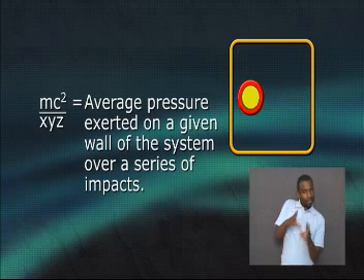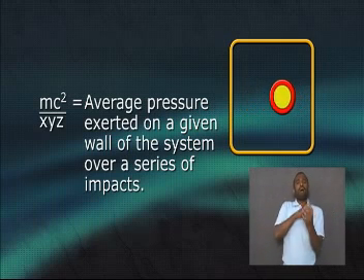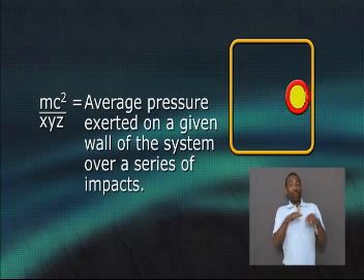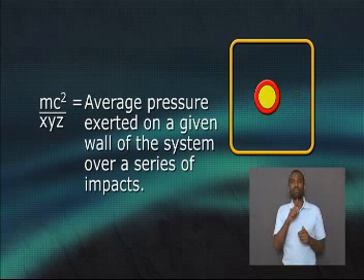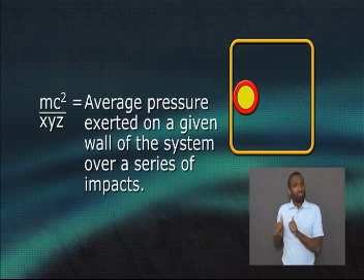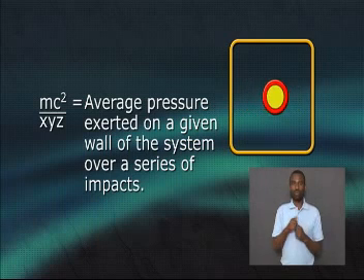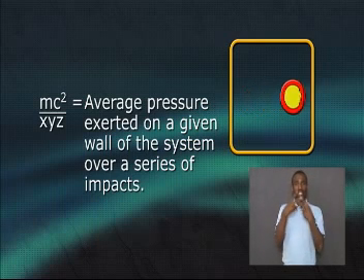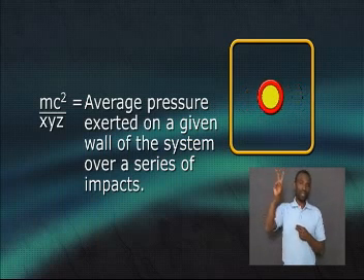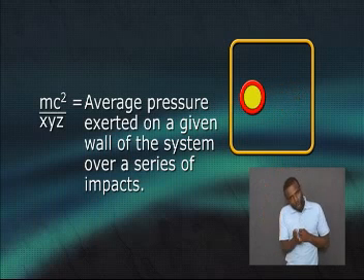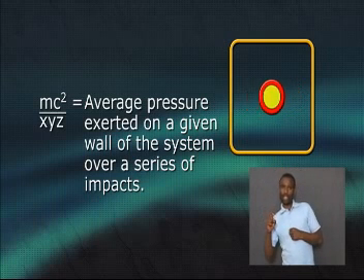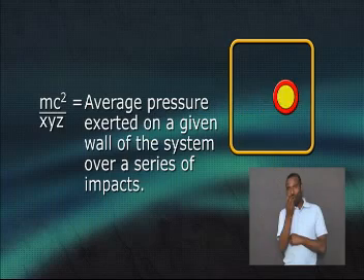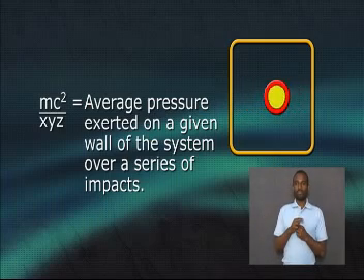The average force exerted on the wall over a series of collisions, therefore, equals mass times velocity squared over XYZ volume, or the dimensions of the system.